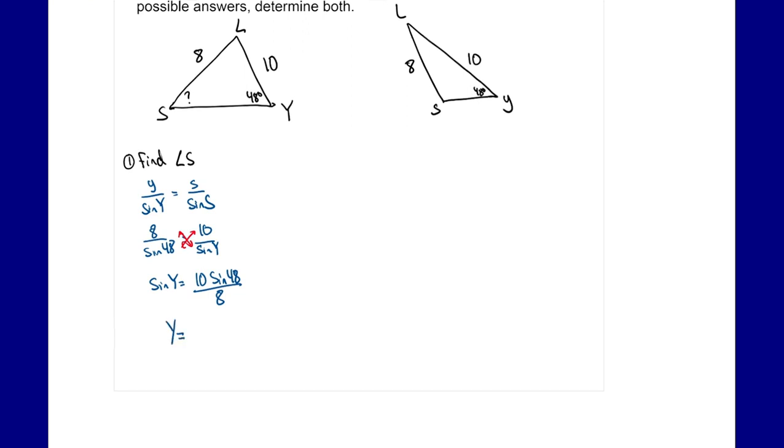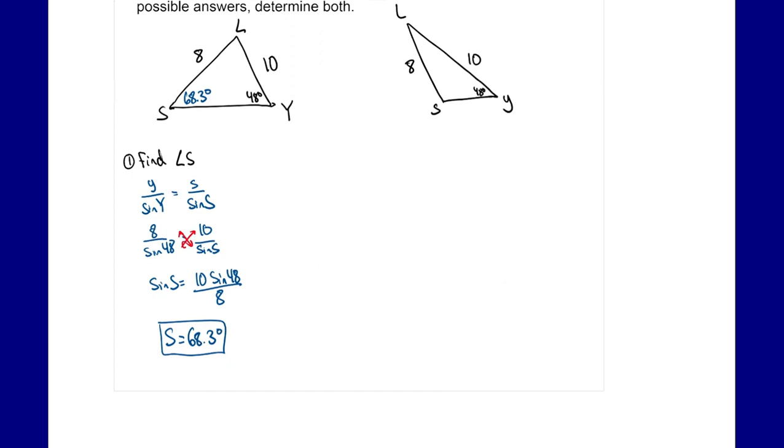We get S, sorry, not Y, S, I don't know why I called it Y. So we get S is equal to 68.3 degrees, roughly. So now I know this angle here is 68.3 degrees, or it could possibly be that.